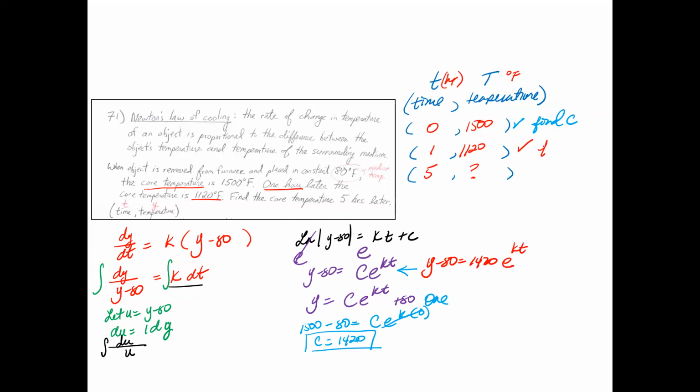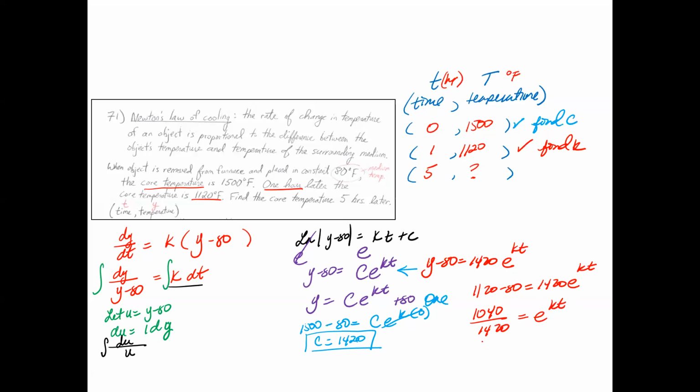Now let's use the second equation to find k. So y is 1120, minus 80 equals 1420 e to the kt. 1120 minus 80 is 1040, divided by 1420 equals e to the kt.